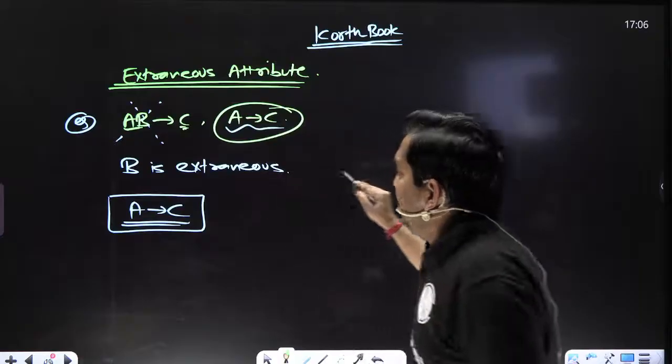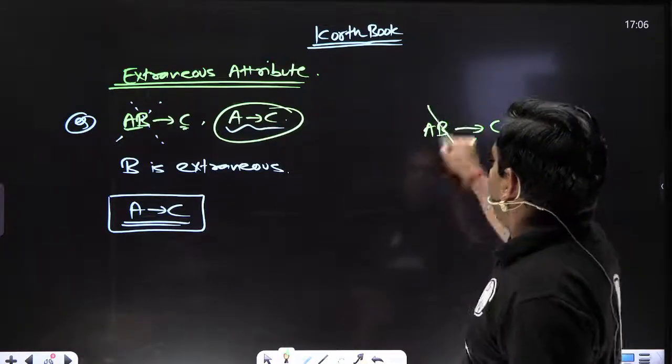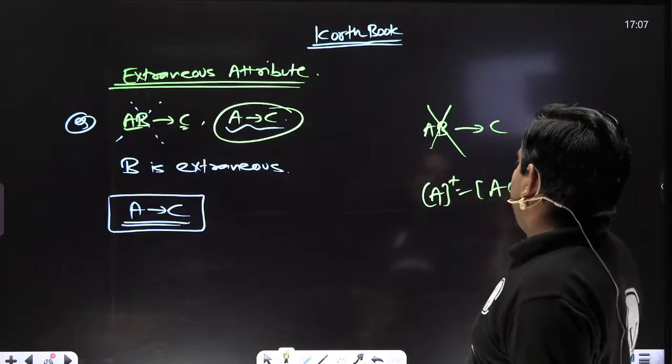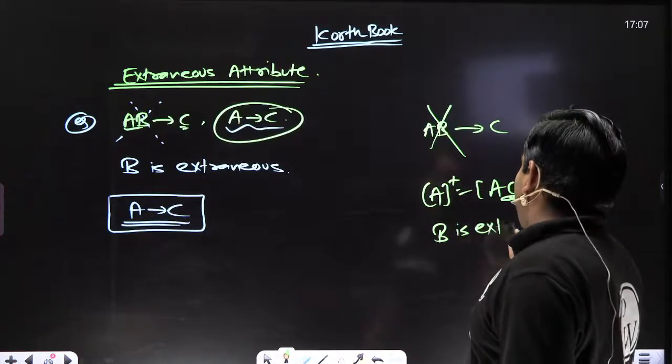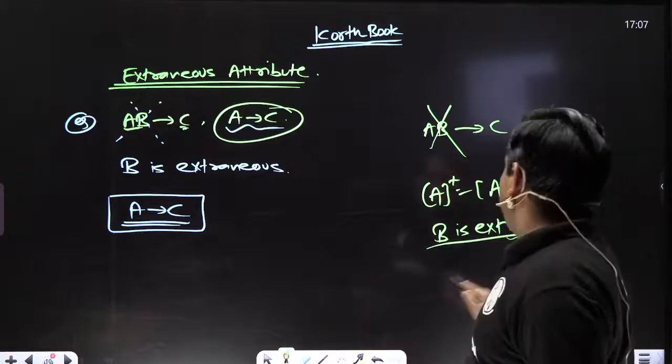If we delete that extraneous attribute and again take the closure, I am getting C. This means B is extra.